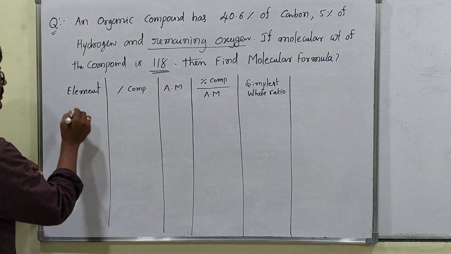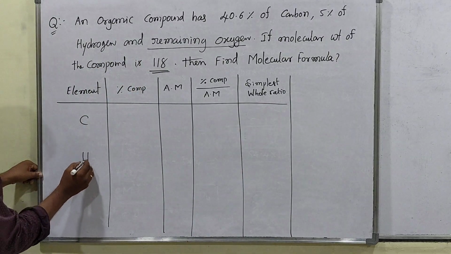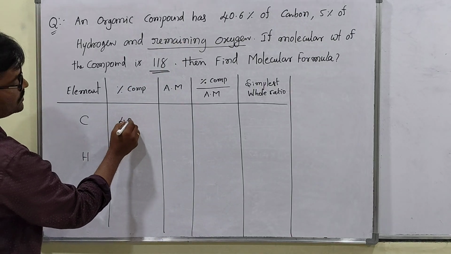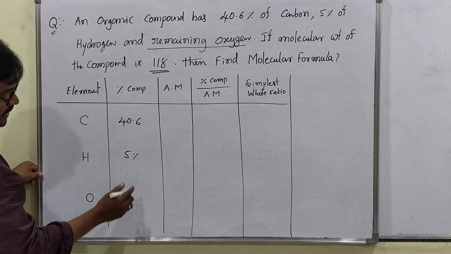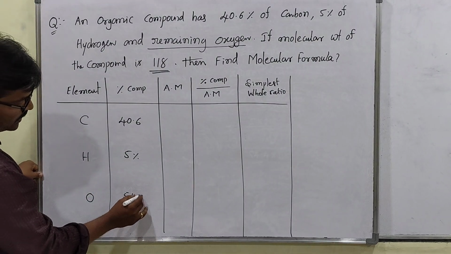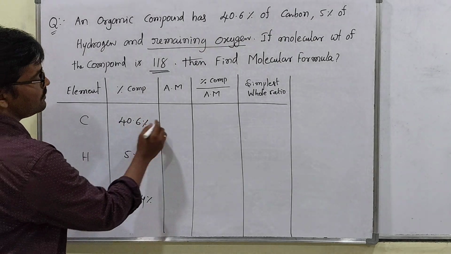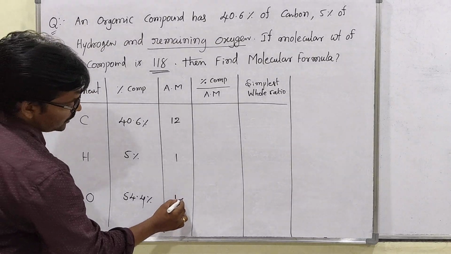Look at now, the elements are carbon, hydrogen, and oxygen. Carbon percentage 40.6, hydrogen percentage 5 is mentioned, and since the remaining is oxygen, 54.4%. Atomic mass of carbon is 12, hydrogen is 1, oxygen is 16.